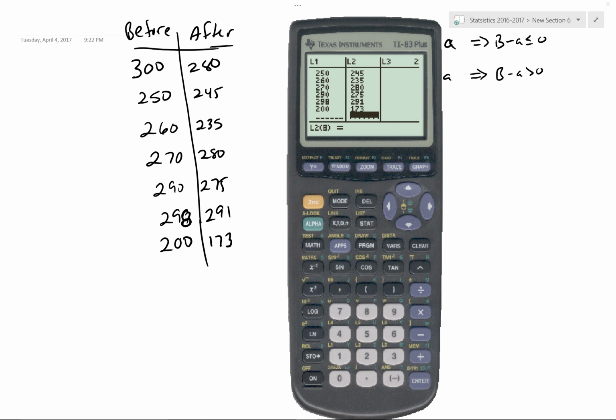Ta-da! Now, what we want to do is we want to subtract them.